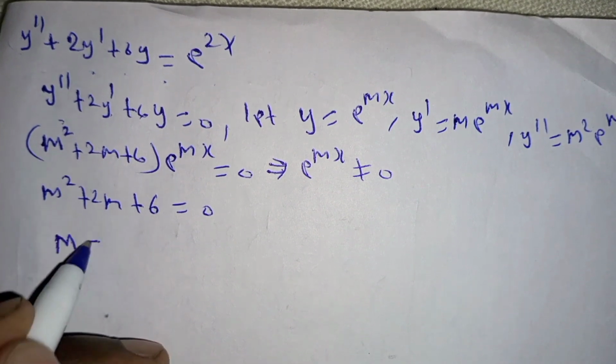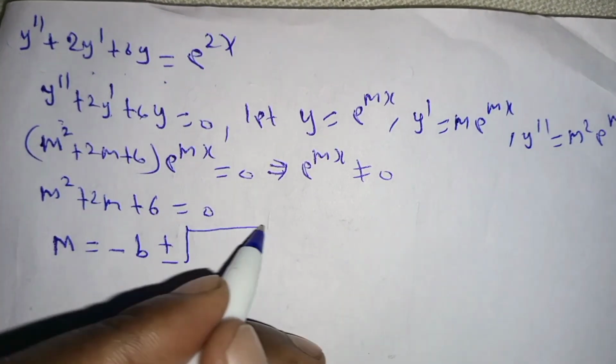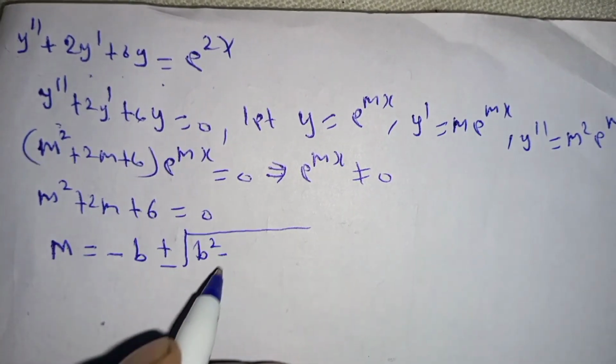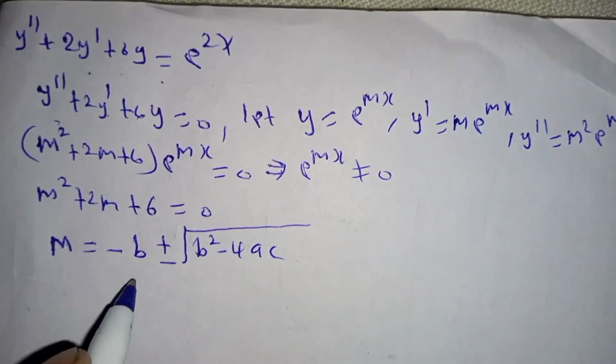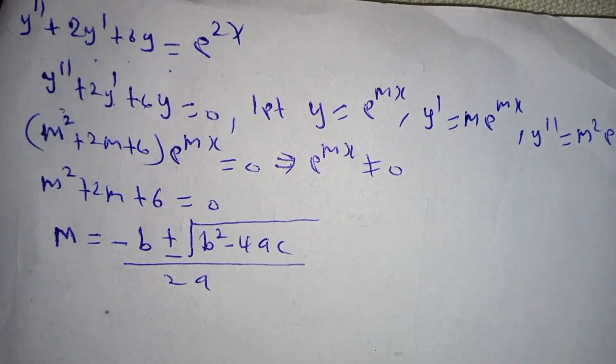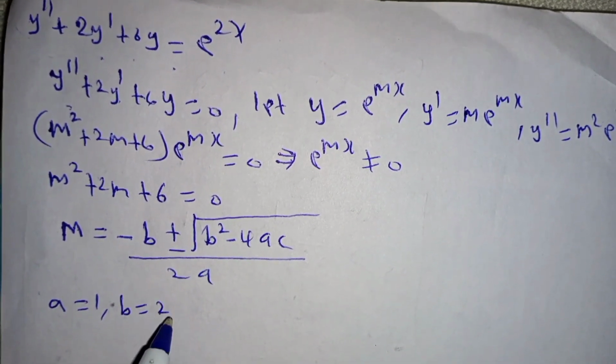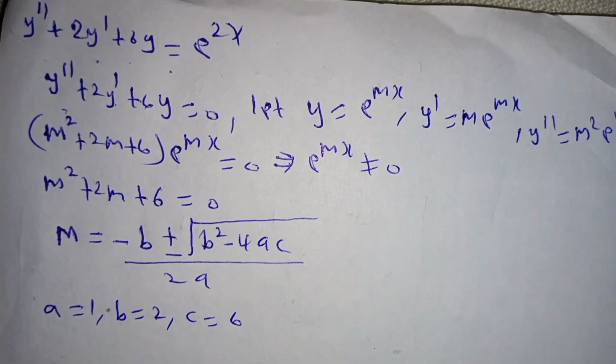So this is a quadratic equation whereby we are going to apply the quadratic formula, which tells us that m is equal to minus b plus or minus square root of b squared minus 4ac, you divide everything by 2a. In our case, a is equal to 1, b is 2, and c is 6.